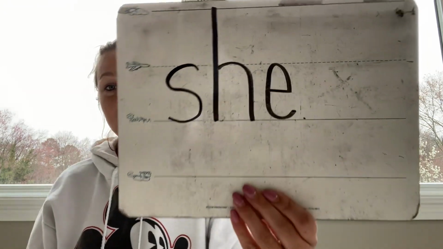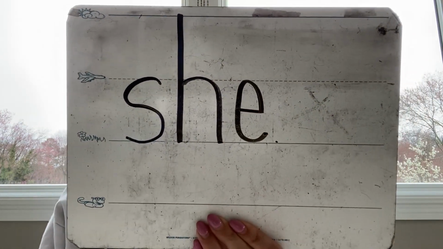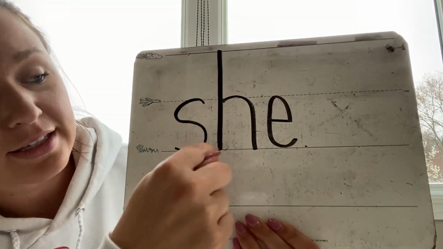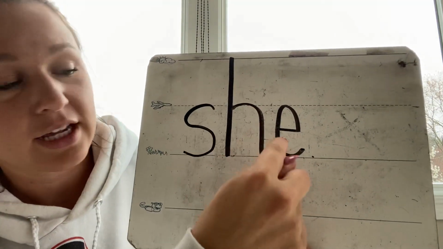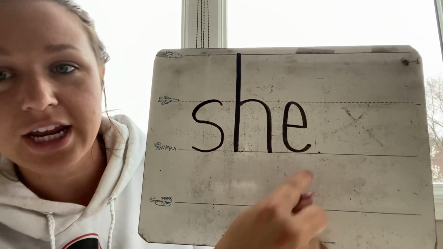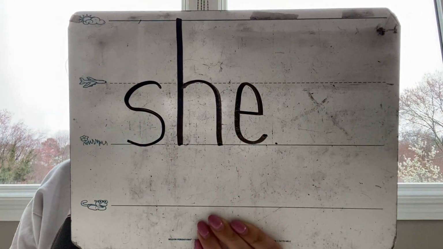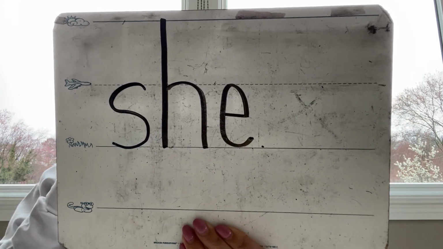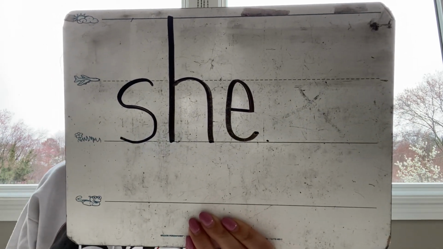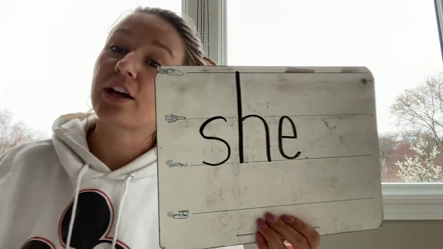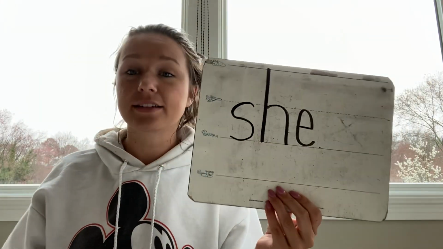So let's skywrite it first. Do it 3 times. So you would go with your finger, S, H, E, she. Once you're done, you can think of your own sentence in your head and tell someone around you.